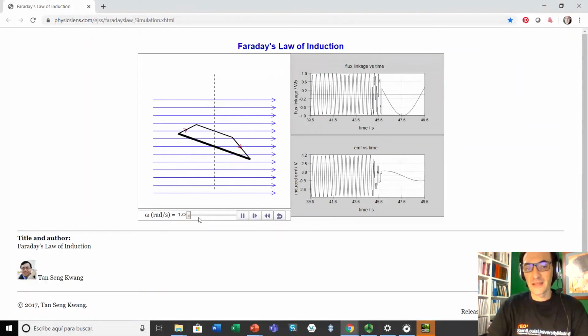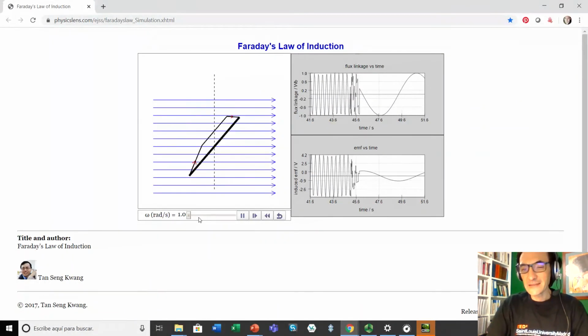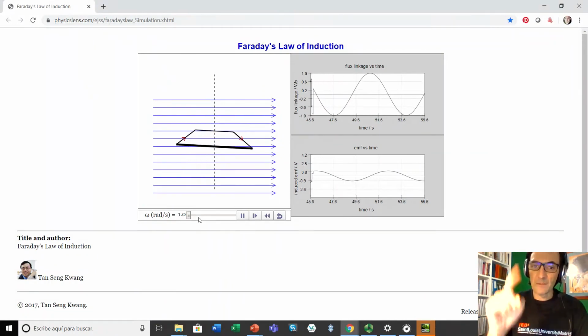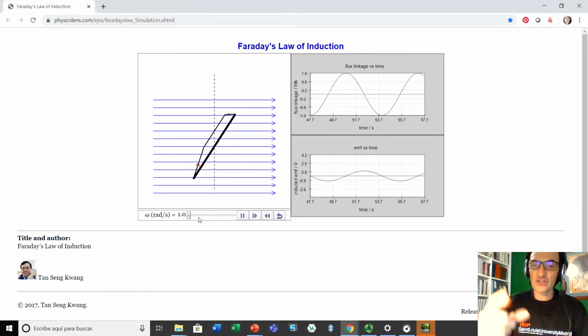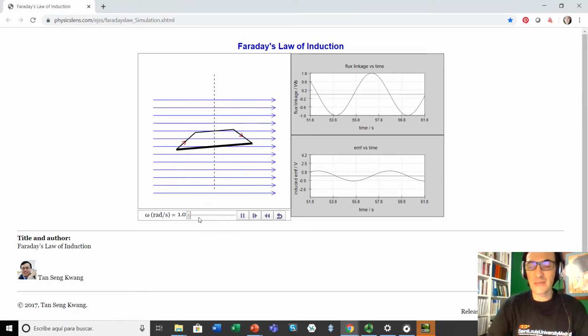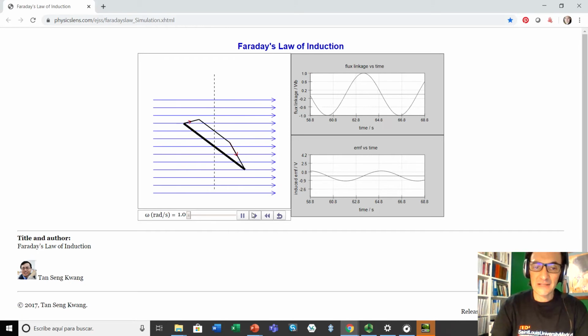Okay, so here the interesting thing is to see what is the relationship between the flux linkage, top graph, and the induced EMF, the induced electromotive force, down. As you can see, I will stop it. Okay.